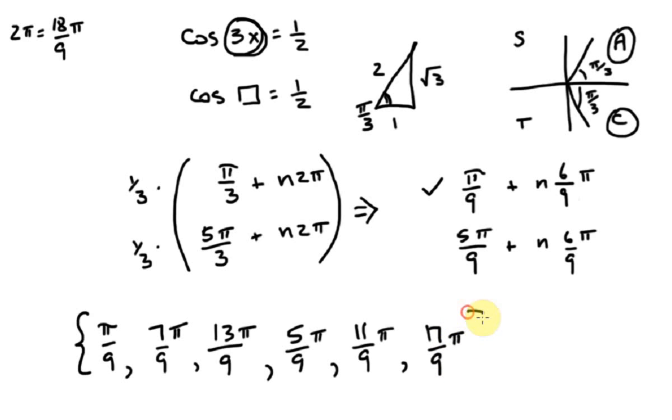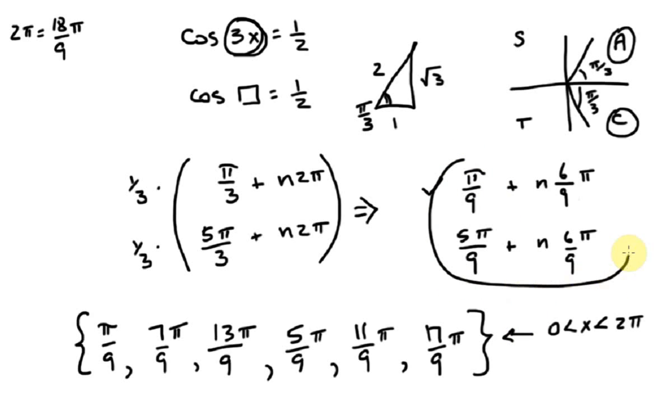But that's the end of the road. Because if I go and add another one, then I go beyond 2 pi. So this is my set of solutions that falls between 0 and 2 pi. These are my specific solutions. And of course, these are the general solutions that we used.